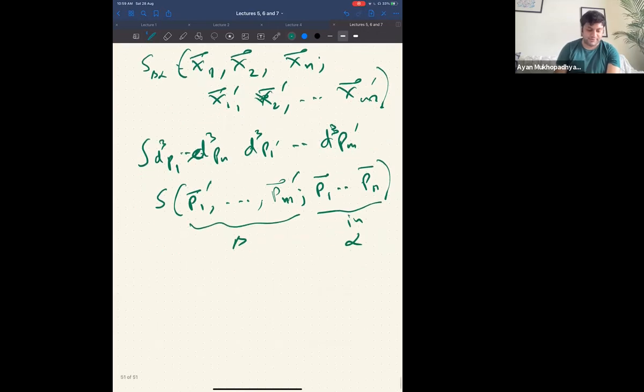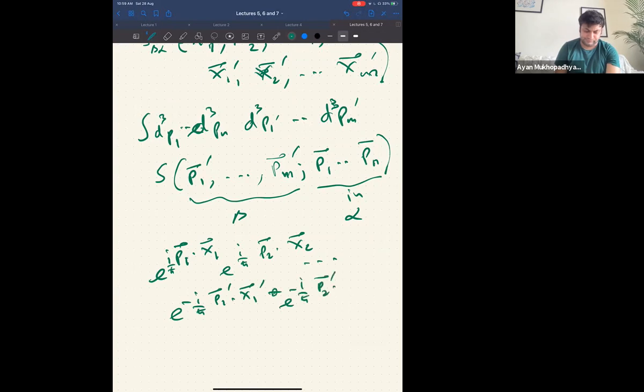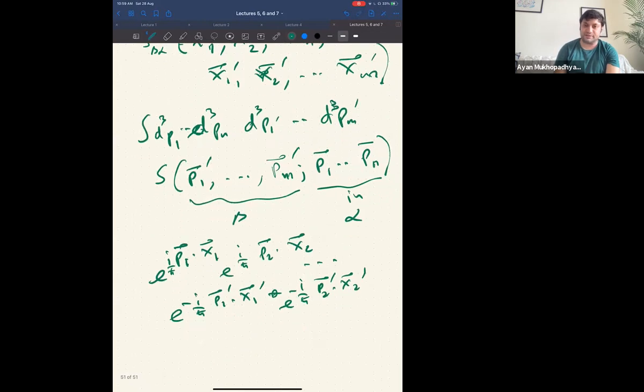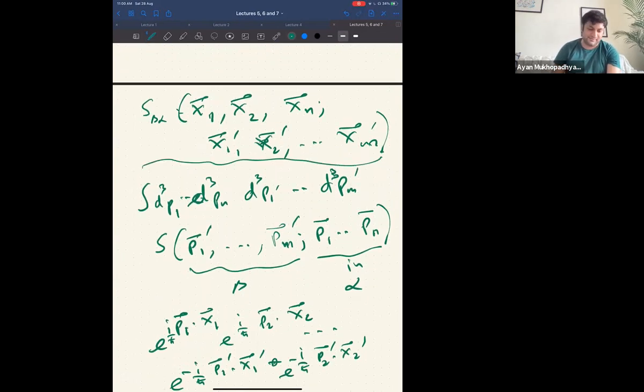This was my beta state, and I do a Fourier transform of that, e to the power i... So I'm doing a Fourier transform of this matrix element. This should be obvious. I'm just taking this momentum P1 and this final momentum Pm prime, and then it becomes a space transition amplitude. It happens like this: the transition is occurring at specific spatial points. This is what I call a Fourier transform of this.